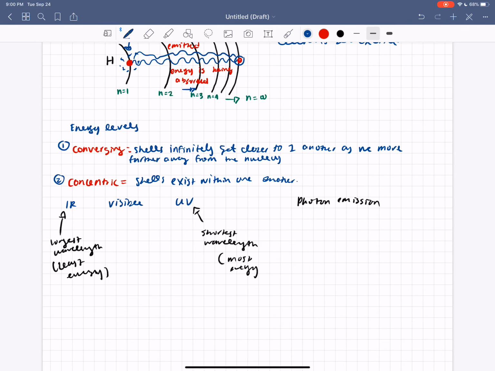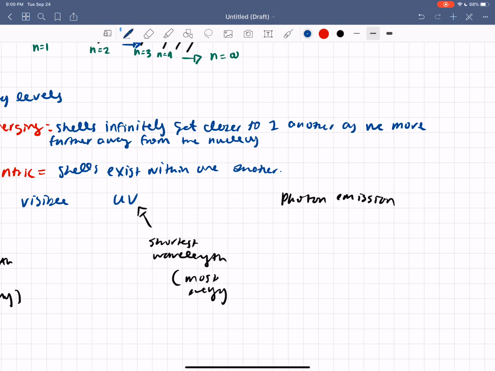So typically, if I told you my electron transitioned after being excited, I have a couple examples. Say my electron transitioned from N equals 2 to N equals 1. Say another electron transitioned from N equals 3 to N equals 2.